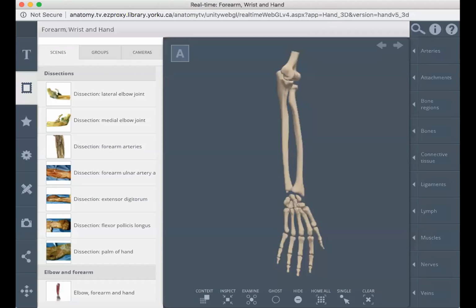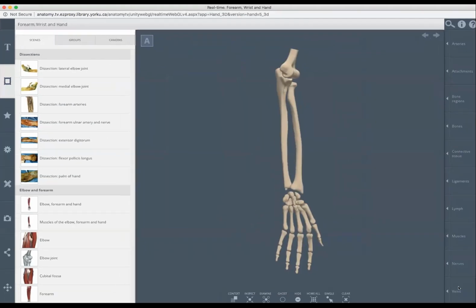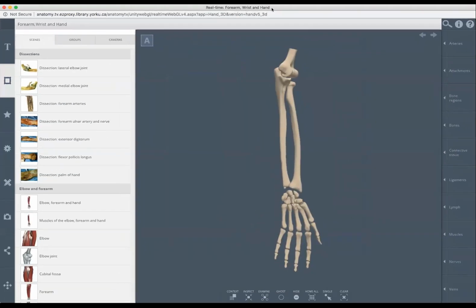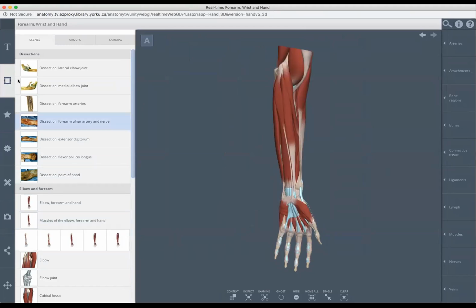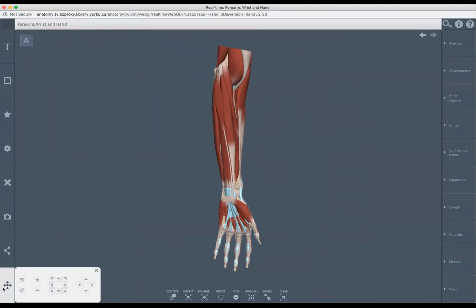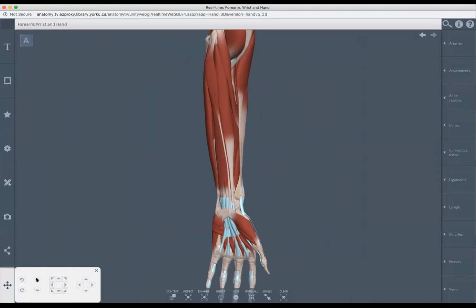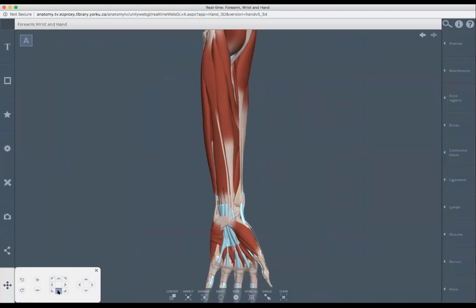Okay, so now what I've done is open the forearm, wrist, and hand section in the 3D real time so that we can get a better look at that brachioradialis. So there we go. This is the only muscle in this lab where you'll have to jump around a little bit.